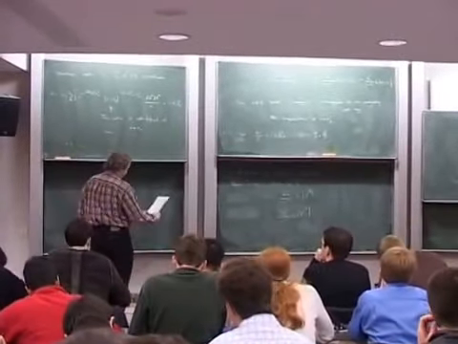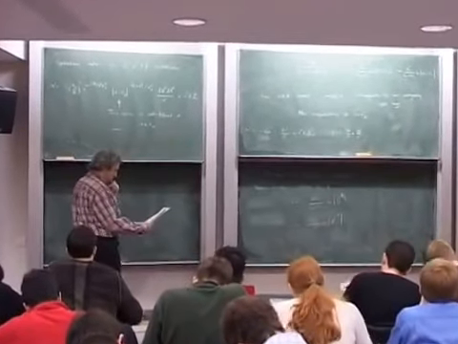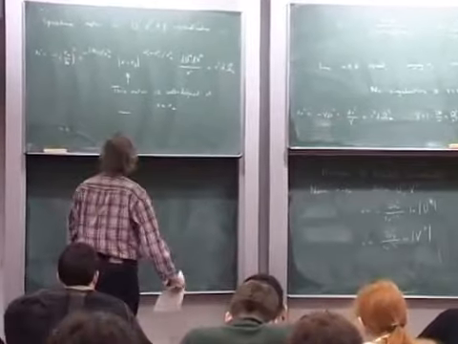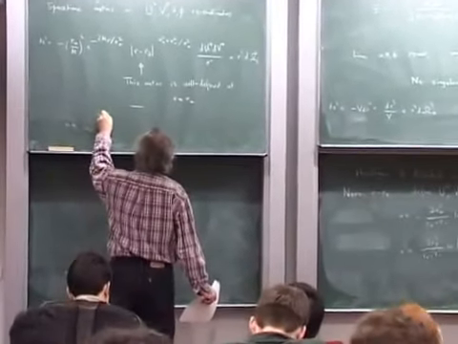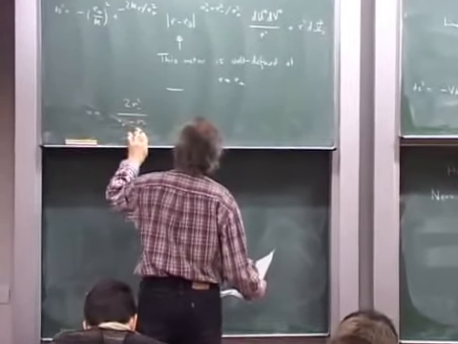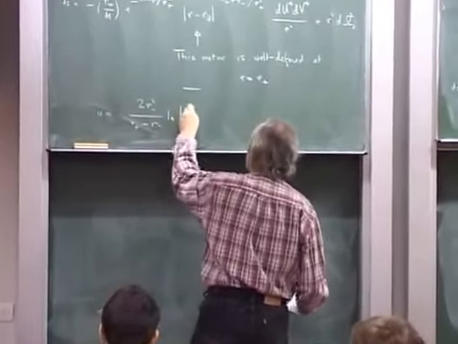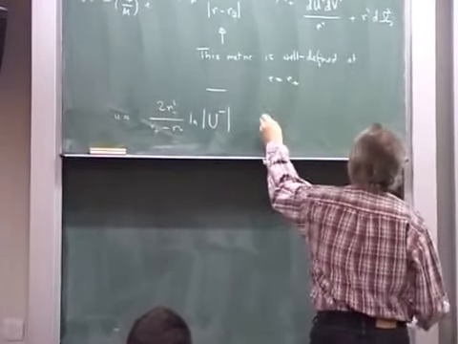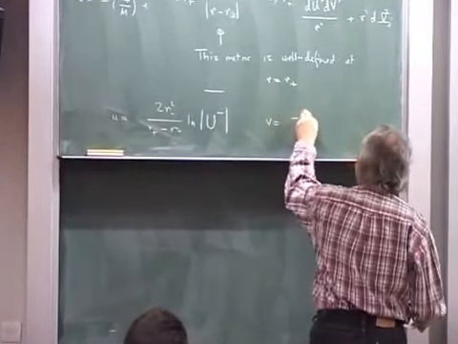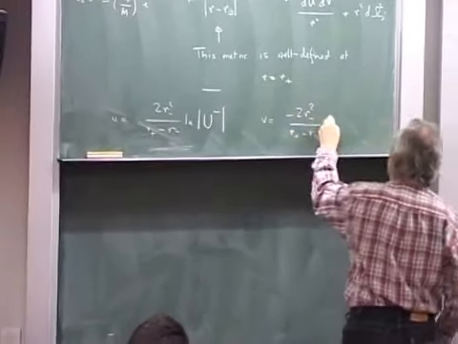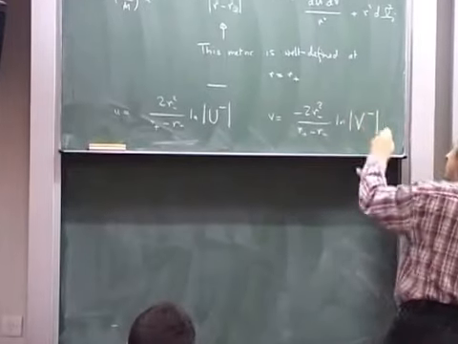U is equal to 2 r minus squared over r plus minus r minus times the logarithm of the modulus of u minus. V is equal to minus 2 r minus squared over r plus minus r minus times the logarithm of the modulus of v minus.